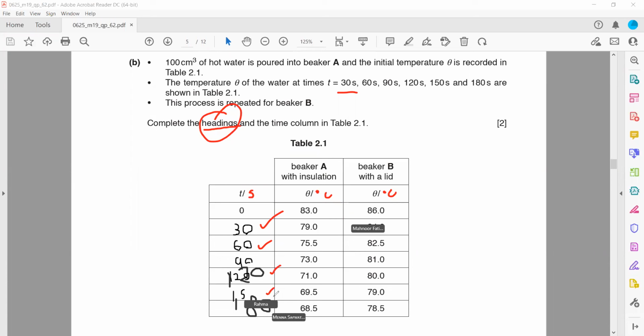Then 120 is there, 150 and 180, that's right. So it means we did this experiment for 3 minutes. One is a beaker with insulation and another one is a beaker with a lid.